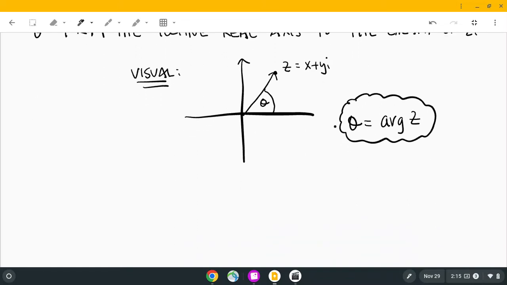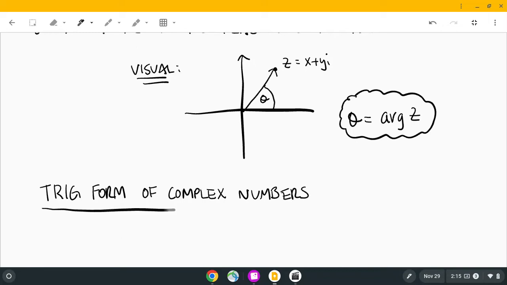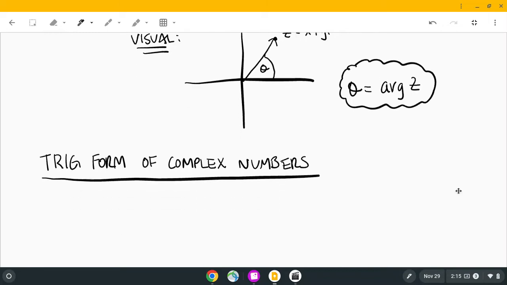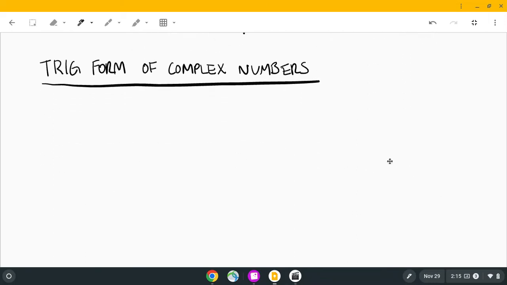All right, so that now leads me to the trig form of complex numbers. Okay, so I'm going to go ahead and draw that again over here, but I'm going to label it a little bit more than I have it labeled up there.